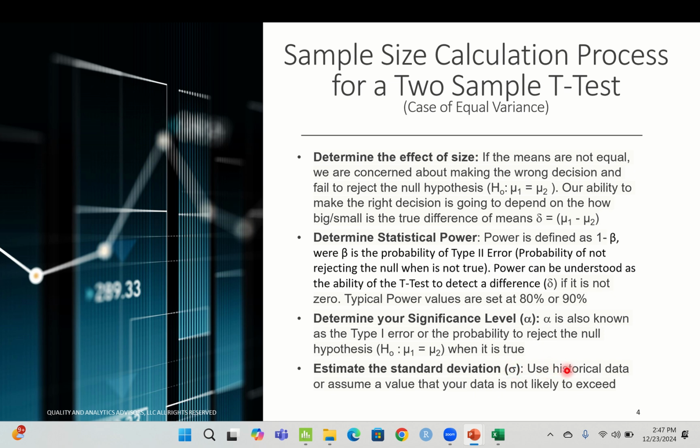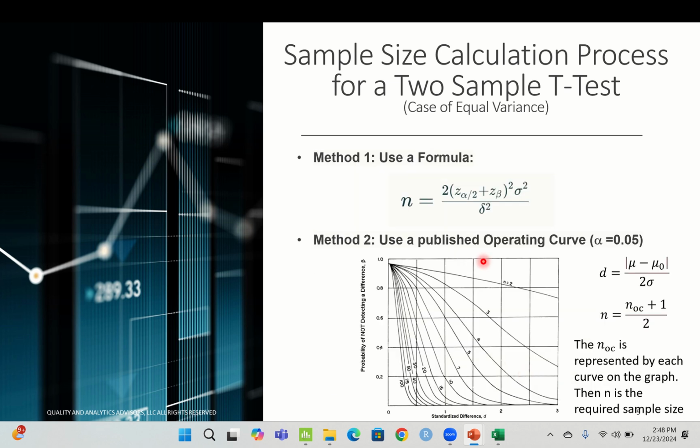So we can use some historical data for this, or collect some data initially with a very small sample size to estimate what the standard deviation would be that we would use for our sample size determination. But never forget that we're assuming here that these standard deviations for population 1 and population 2 are going to be the same, because we're in the case of equal variances.